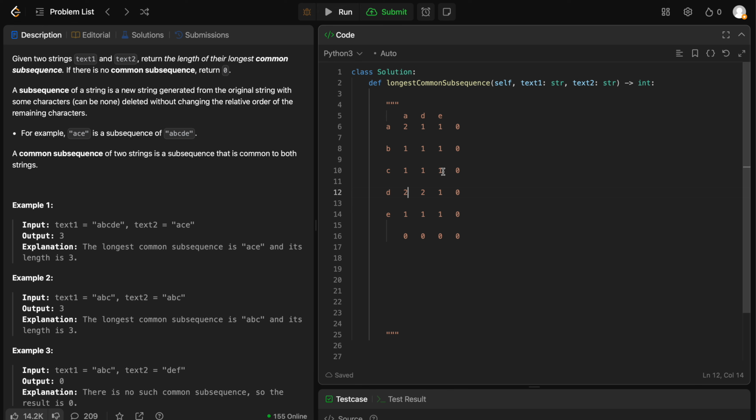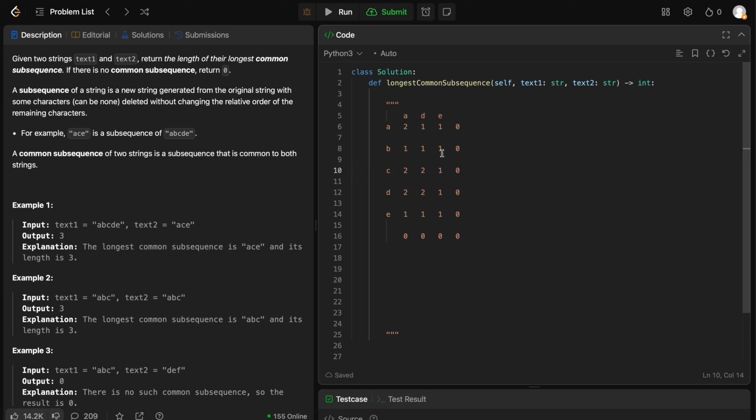C and E are not the same, maximum from here and here, that's 1. So CDE and E is just 1. DE and CDE, they're not the same, so it's the maximum from these two, that's 2. AD, CD, it's again the same thing, maximum 2, 2.